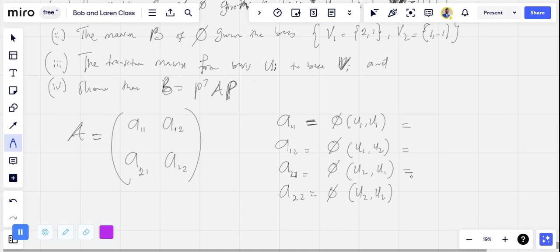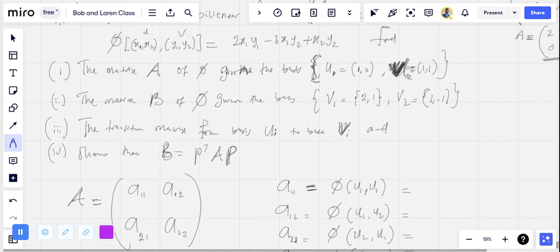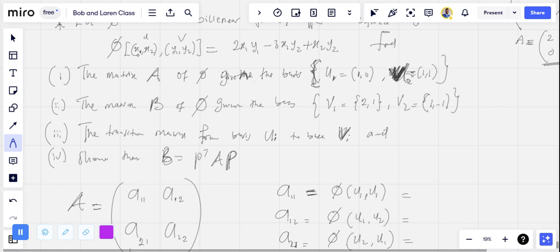So how are you going to get this result now? This is phi of u1 comma u1, which simply implies this definition here. Phi of, what is u1? u1 is given to us as 1 comma 0, so you have to be very careful there.